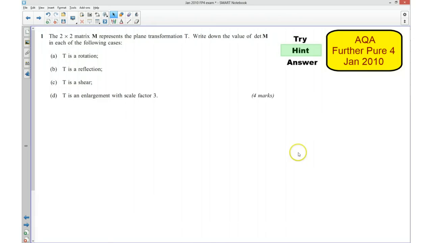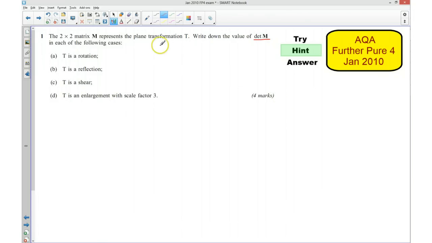Okay, I'm now going to provide a hint to the question. So we're asked to find a rotation, a reflection, a shear, and an enlargement with a scale factor of 3, and we want to know what the determinant is going to be in each of these cases. Now the key thing here is that we need to realise that the determinant tells us the area scale factor of the transformation.